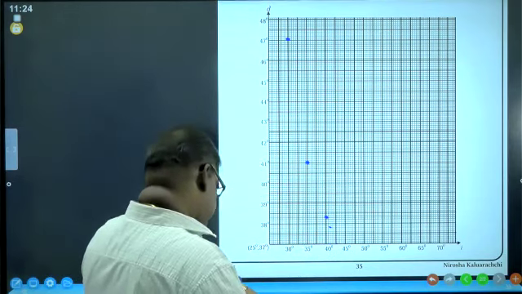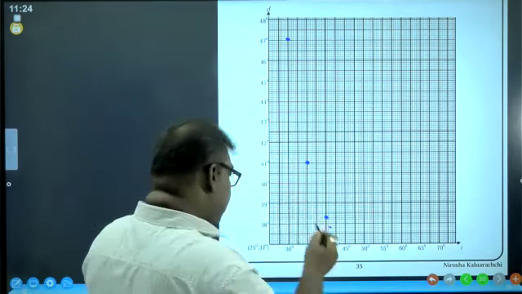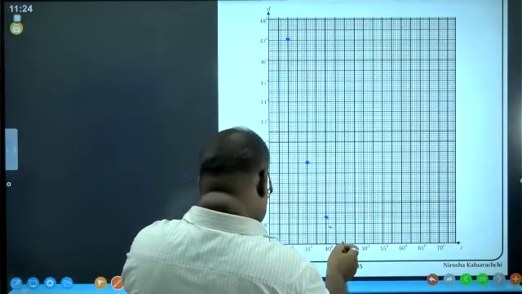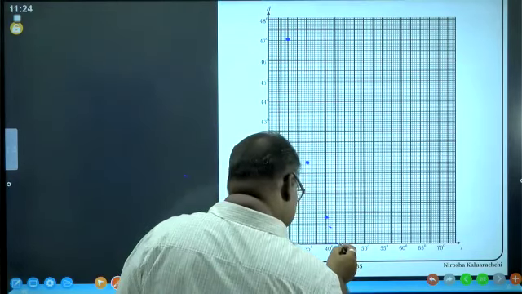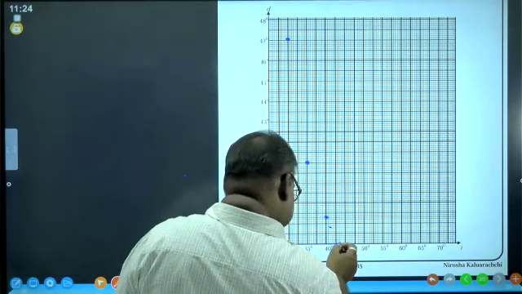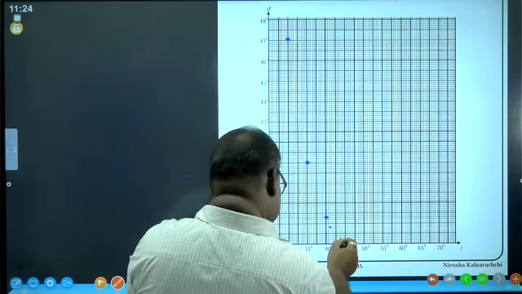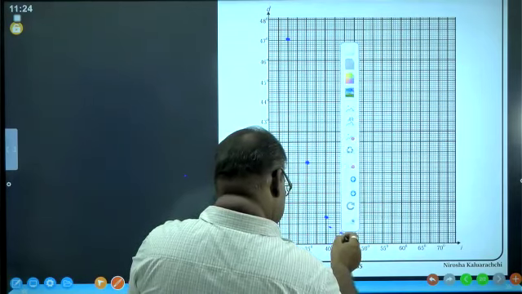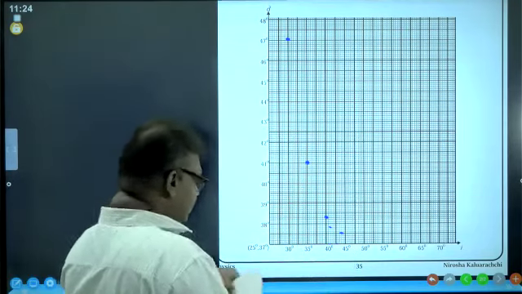Next one, 44 degree angle. For 44, we have 37, 30. 37 right here. 30. Right.